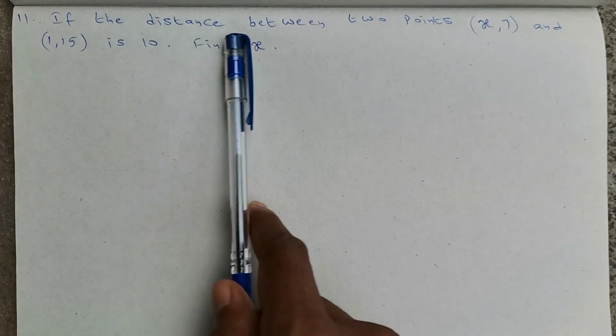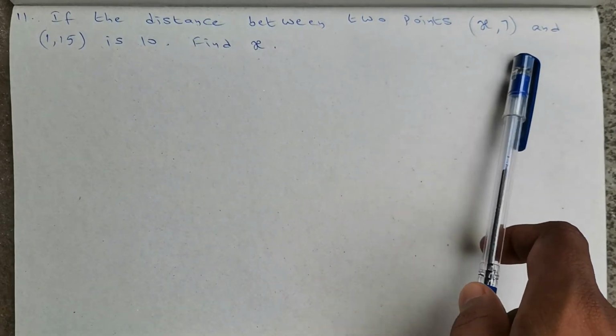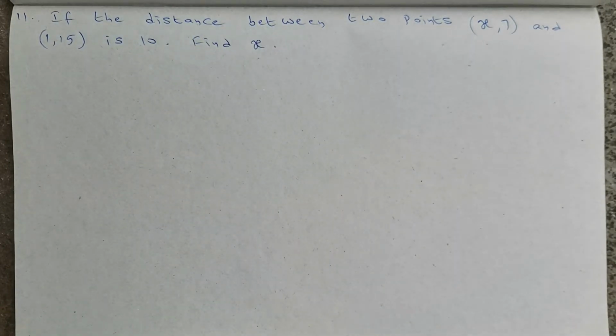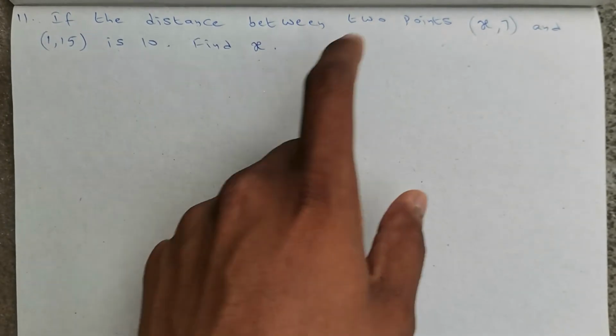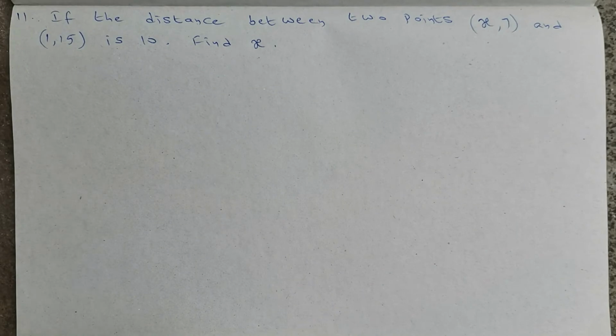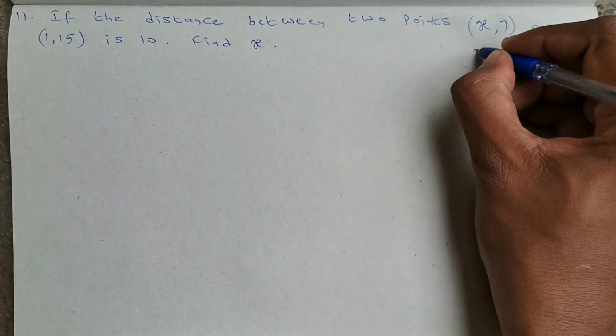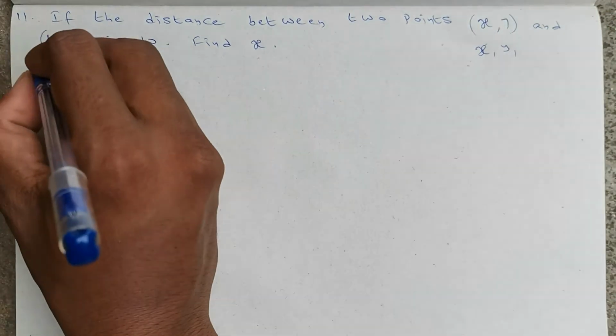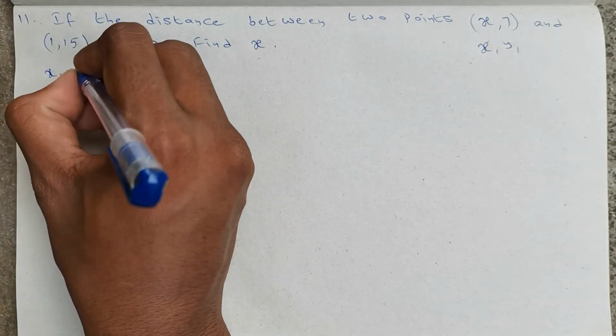Question number 11. If the distance between 2 points (x, 7) and (1, 15) is 10, then find the x value. If the distance between 2 points, this (x, 7) I am taking as x1, y1 and (1, 15) I am taking as x2, y2.